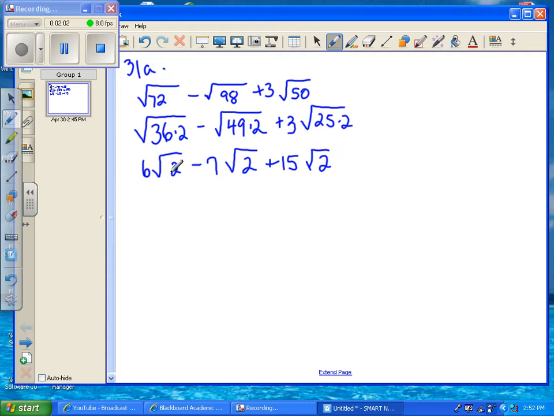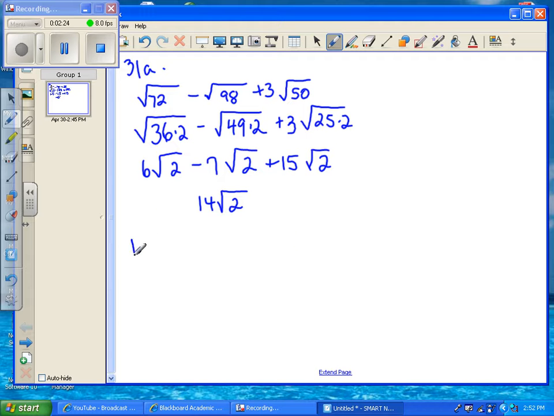So I can think of these that way. I have 6 of those square roots of 2, I'm going to subtract 7 of those square roots of 2 and then add 15 again of those square roots of 2. 6 minus 7 is negative 1. Negative 1 plus 15 is 14. I have 14 of those square roots of 2. And that's your final answer on that.